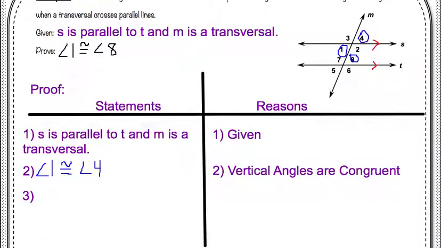And then after that, I need to find how I can connect these angles in another way. I need to find a pair of corresponding angles. I found a pair of vertical ones. Now I need a corresponding one, and it's got to use these 3 angles. So 4 and 8 are corresponding angles. I'm going to say 4 is congruent to 8.